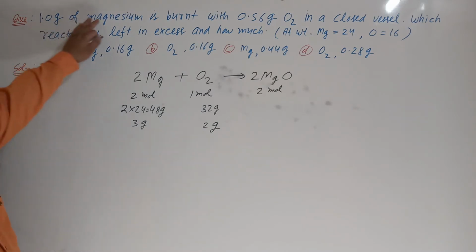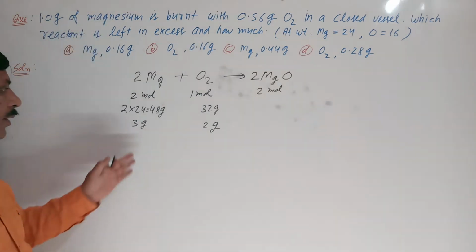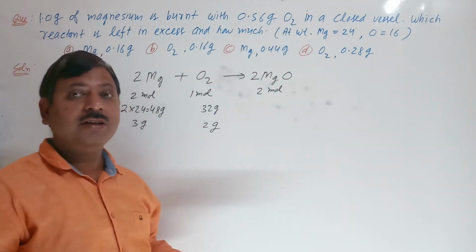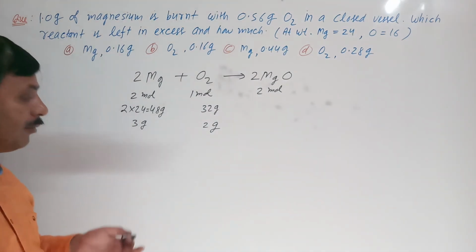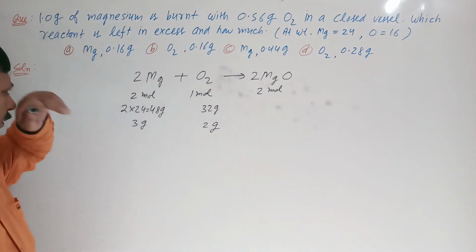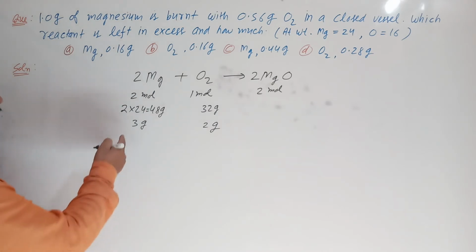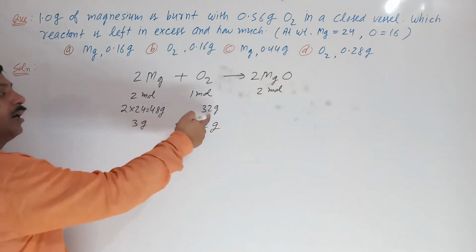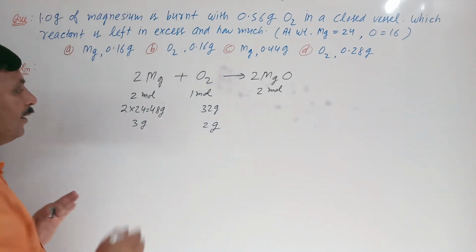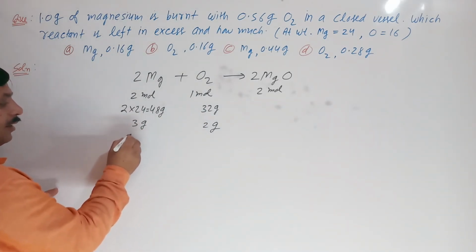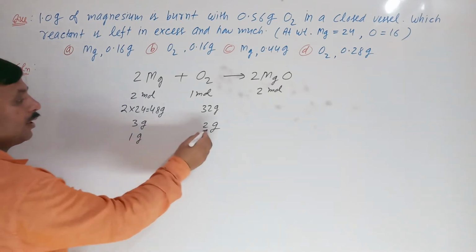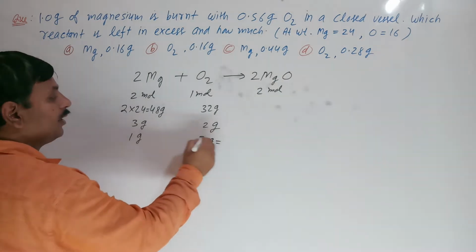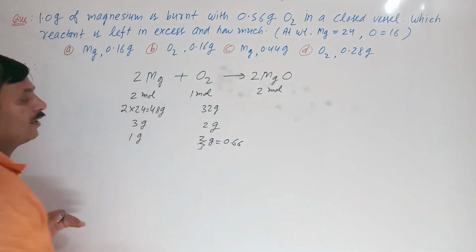They have given 1 gram of magnesium and 0.56 gram of oxygen. So one will be the limiting reagent, one will be the excess. Firstly, suppose I have taken 1 gram of magnesium. 3 gram reacted with 2 gram of oxygen. So for 1 gram, 2 by 3, divided by 3. So 2 by 3 will come around 0.66.